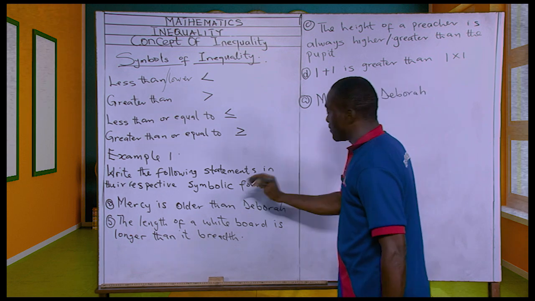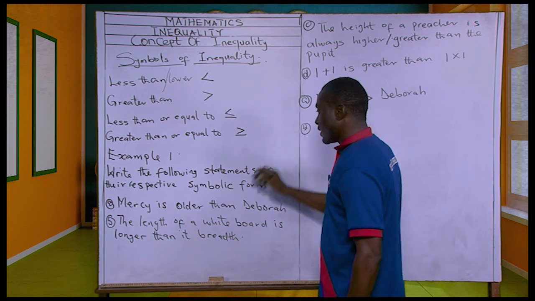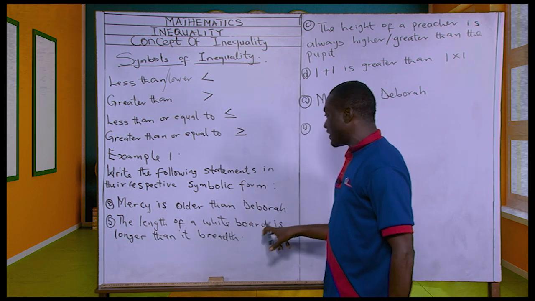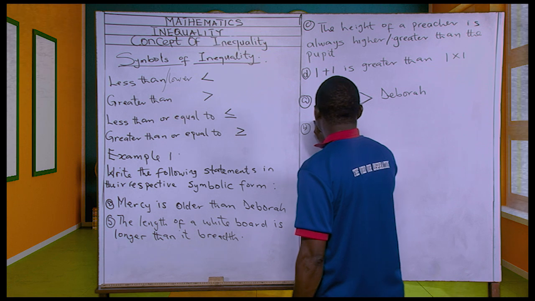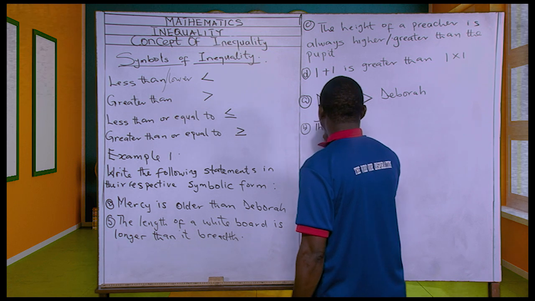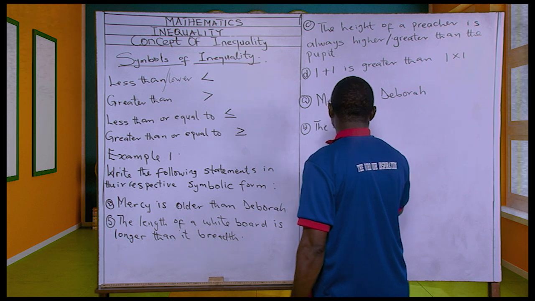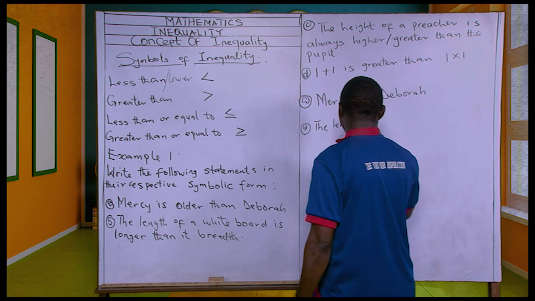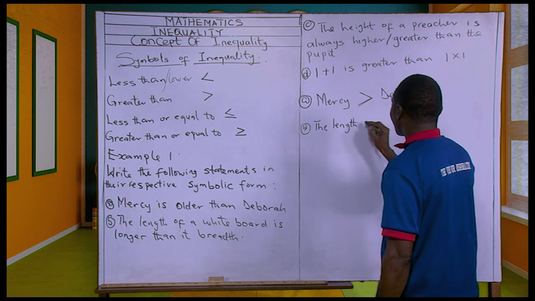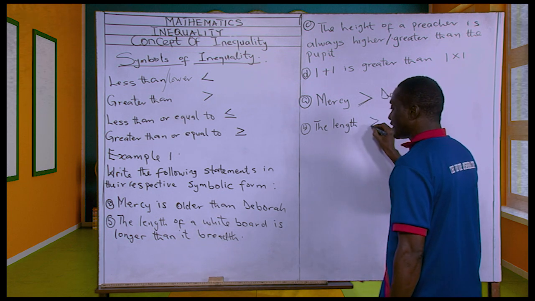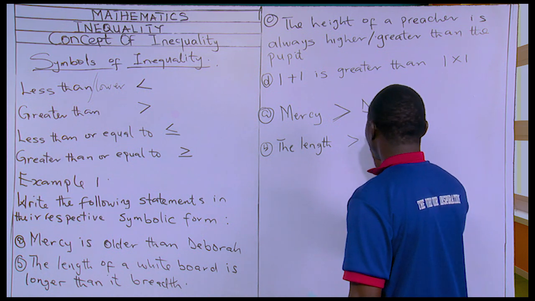All right. B. The length of a whiteboard is longer. Or you can just say length. The length is greater than the breadth.